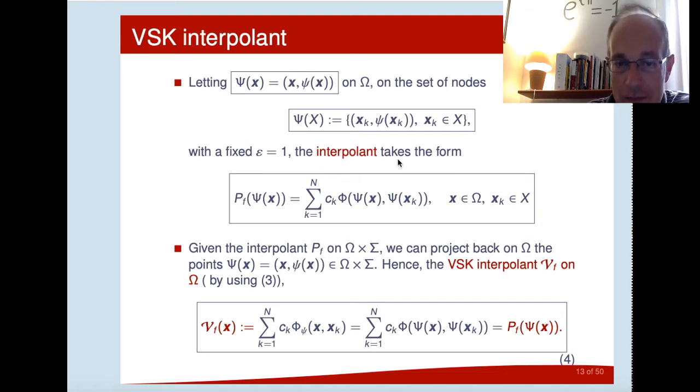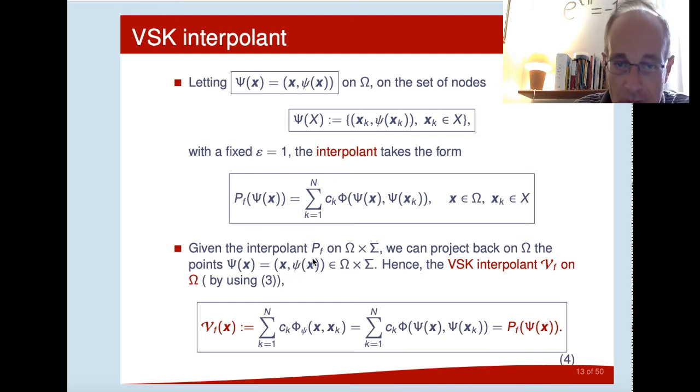So the interpolant, the so-called VSK interpolant, now takes the following form. We take a point, you see, Psi of x, which is a point in R^(d+1) on Omega, and then you compose this combination of values. The point will be to find the coefficients in the usual way by imposing the interpolation conditions.